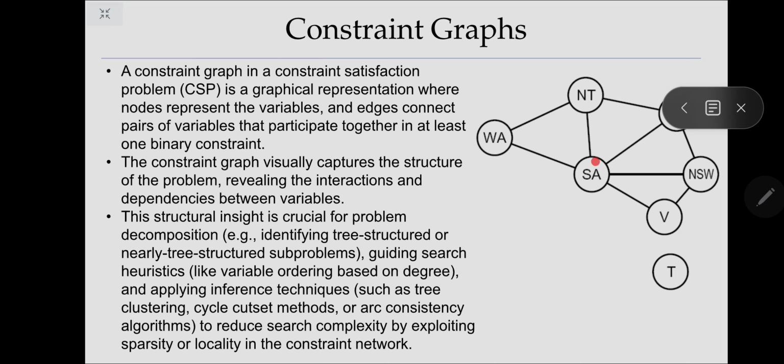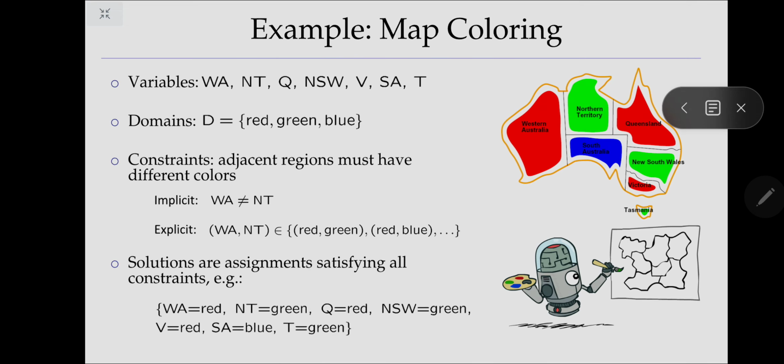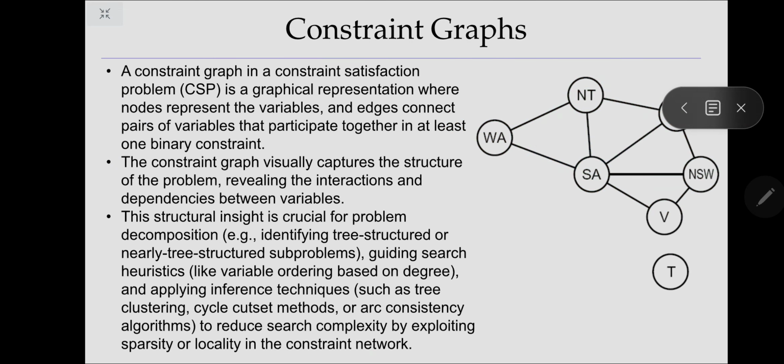And with respect to any constraint, you try to define a link. For example, WA is a node or a region. As you see in the previous example, it is the neighbor of NT and SA. Now, in the constraint graph, we draw a link between WA and NT and WA and SA. Yeah?